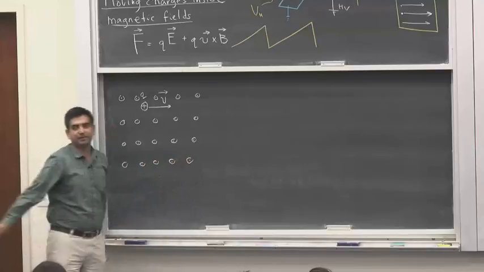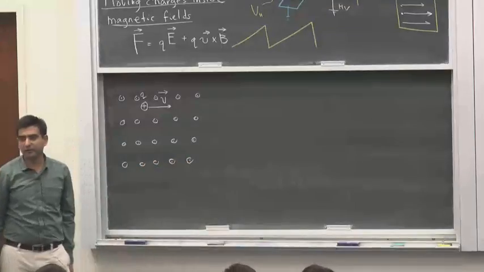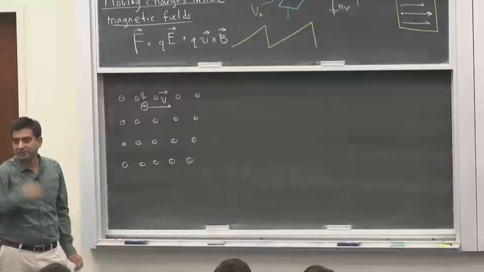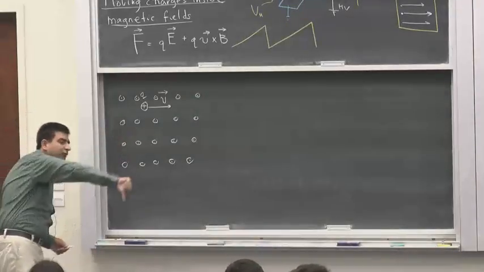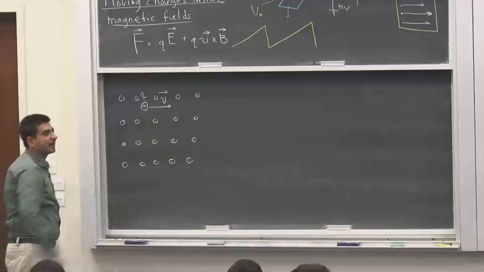Now what's going to happen? A force acts on this moving particle. What's the direction of this force? V crossed with B is downward. Alright? So the force is going to act downward.